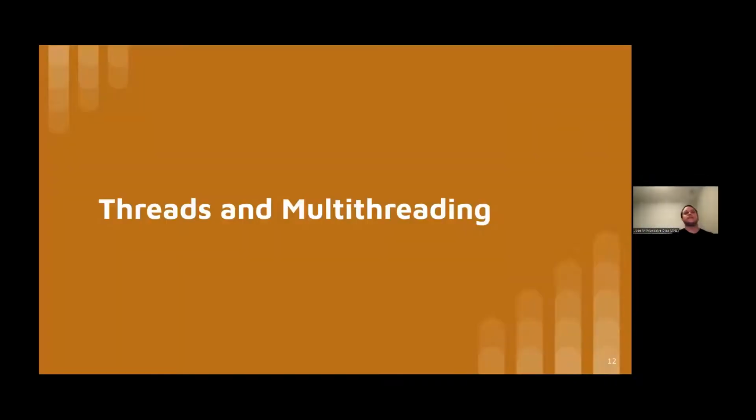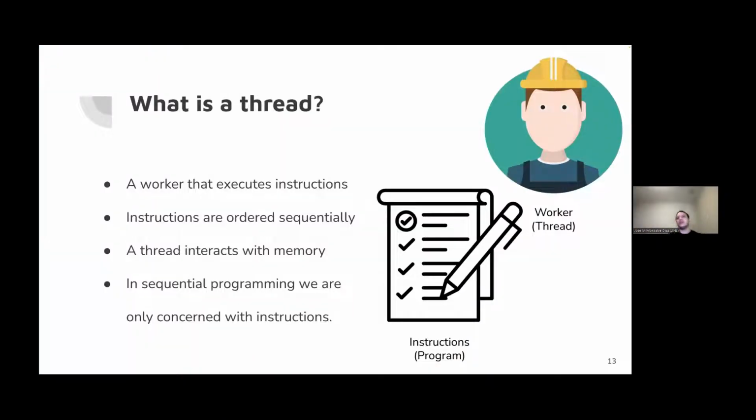Okay. So I have been talking about parallelism, I have been talking about heterogeneity and all this. What actually are threads and multi-threading, right? I know everyone hears about this everywhere when they buy computers and things like that, but not everyone knows really what that means, okay? So a thread is like a worker.